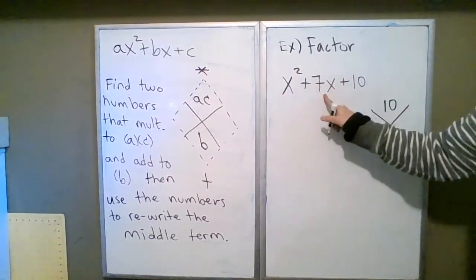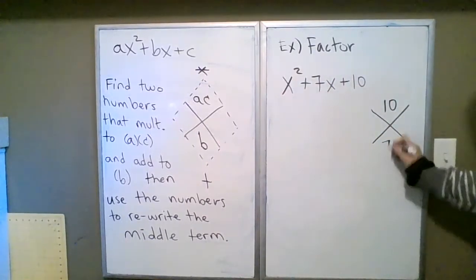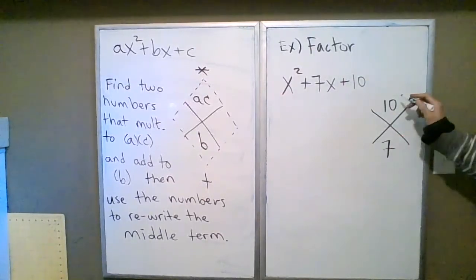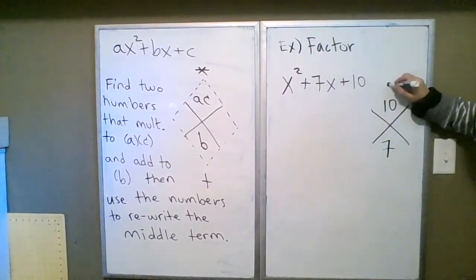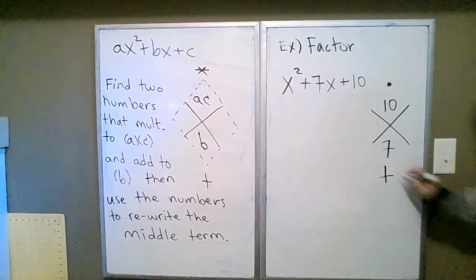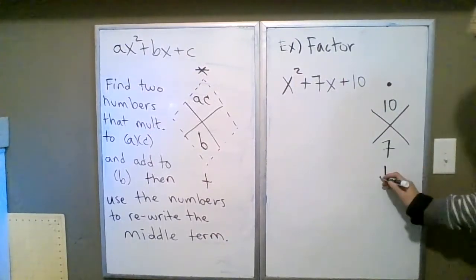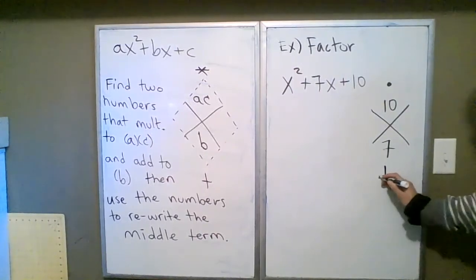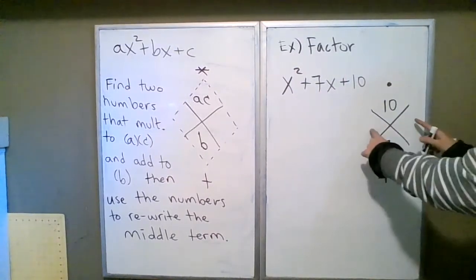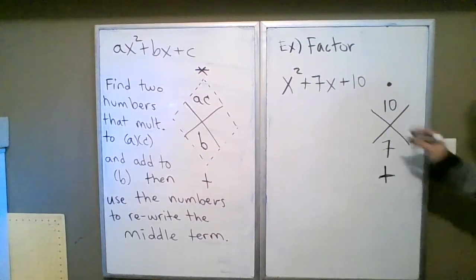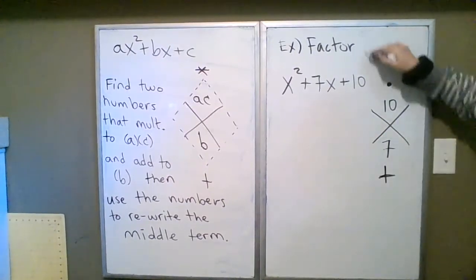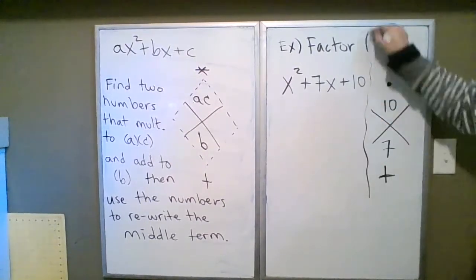The middle term, 7, goes at the bottom. We need two numbers that multiply to 10 and add to 7. You can list out your guesses on the side maybe. Let's do this.